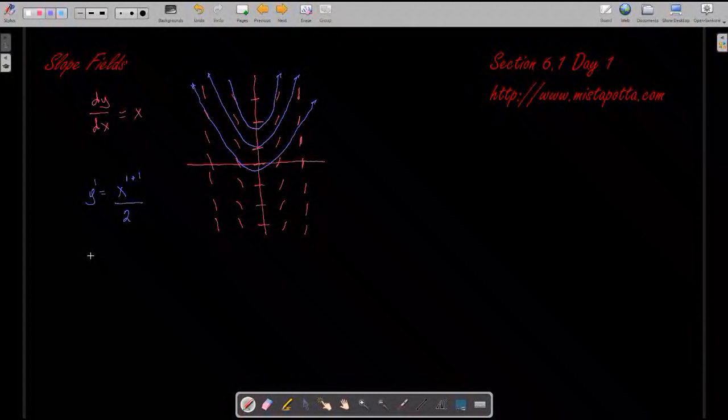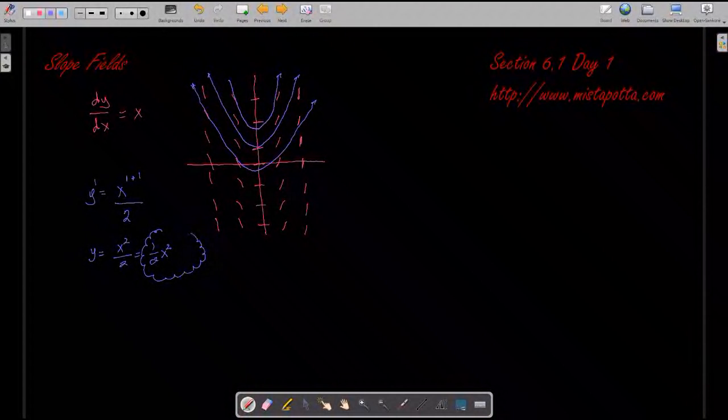So in other words, my solutions would be x squared over 2, or 1/2 x squared. And my family of solutions are going to fit this build.